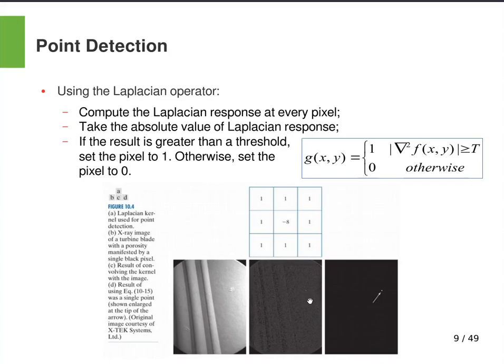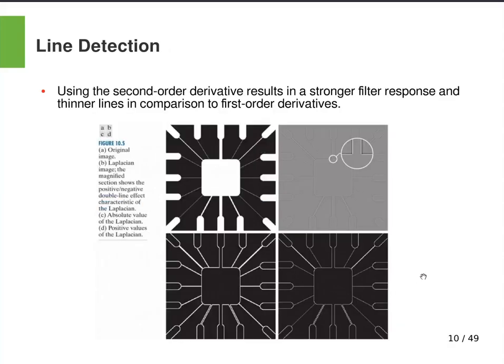So now what is left to do is that you provide a proper threshold, and by doing that you can isolate this point further, and that is the result of applying a properly defined threshold. So the location of the defect is being shown with this arrow here.